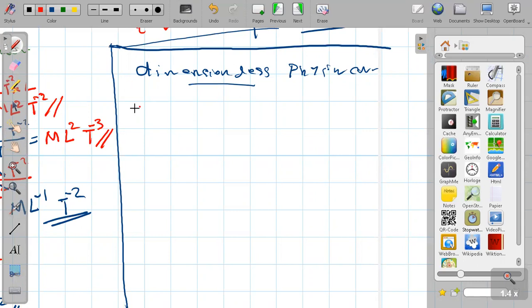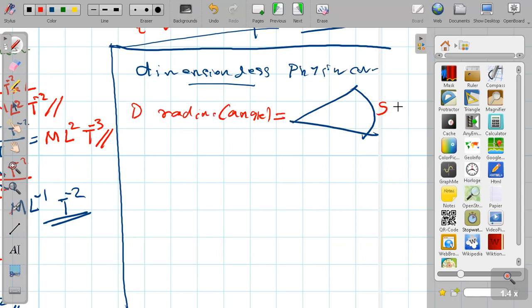One famous one is known as radian, or the plane angle. That's defined in this way: arc length over radius, in radians. So what about it? Dimensions of theta is going to be what?